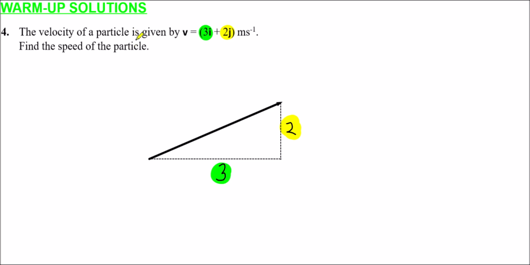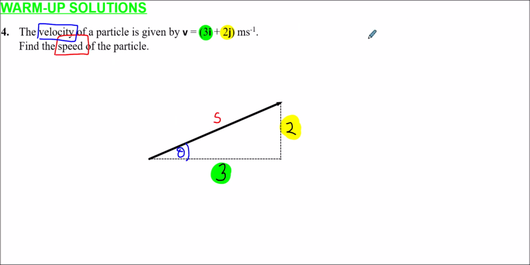The speed just has size, and so the speed here is just the length of this line. Okay, so speed is just this length here. Velocity is this line size and this direction here. So velocity would be the line size plus the direction, maybe involving theta, whereas speed is just s, which we need to work out.